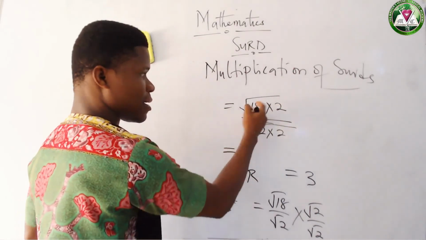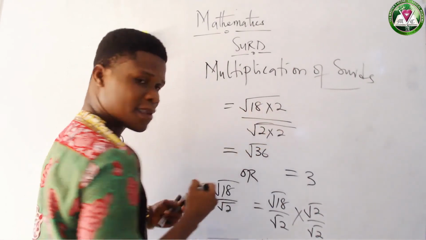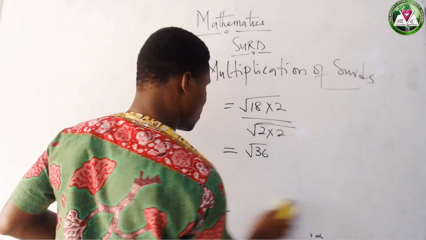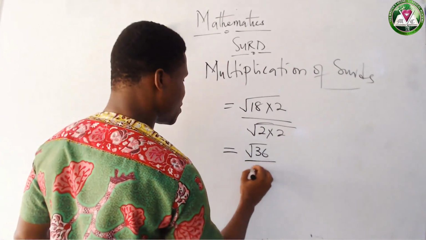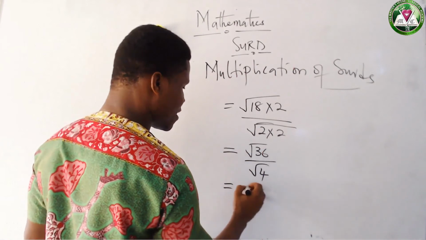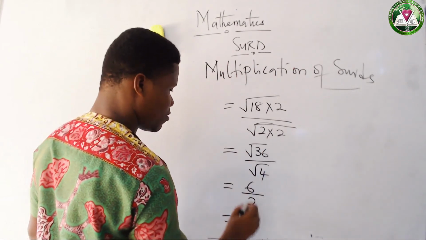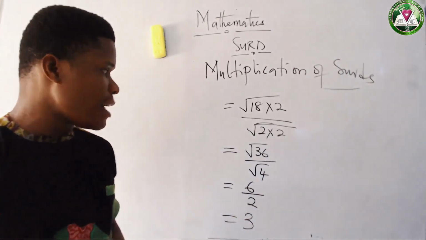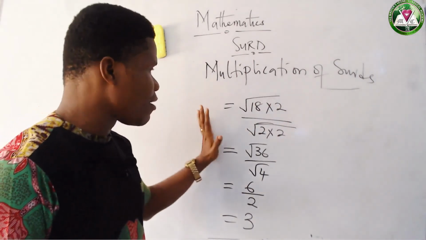Root of 18 times 2 is 36. For the denominator, 2 times 2 is 4. We end up getting root of 36 is 6 over root of 4 is 2, and 6 divided by 2 is 3. So it still gives us the same 3. You can do it any of the ways I've said above in solving division of surds.